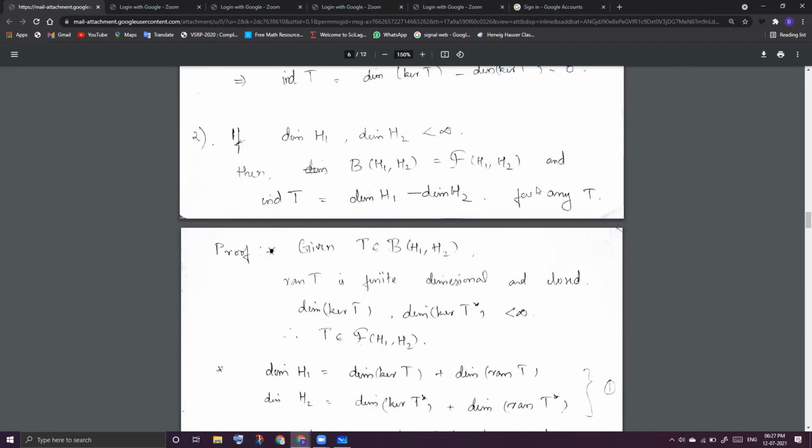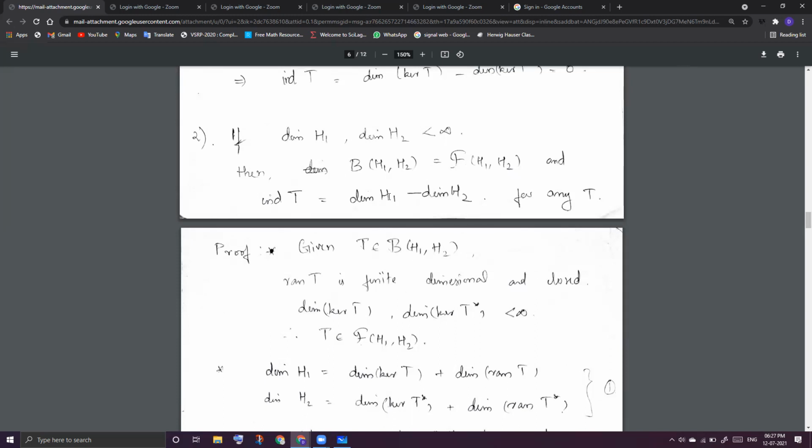So it is Fredholm. And I'm saying that the index of T in that case is the dimension of H1 minus the dimension of H2. So irrespective of what the operator is, the index is fixed. It depends only on the dimensions of H1 and H2, if H1 and H2 are finite dimensional.